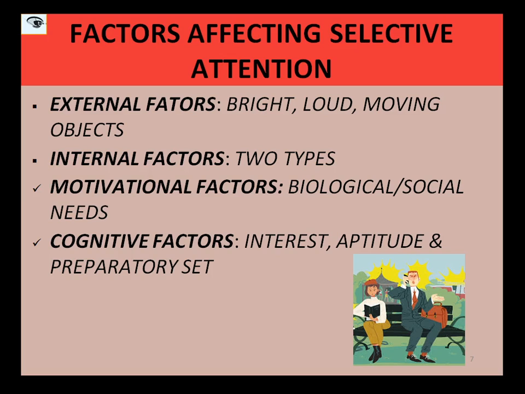Now, external factors, if we look at the keywords here, are bright, loud, moving objects. External factors are to do basically with the size, the intensity, and the motion of stimuli, which are very important determinants of attention, because we are talking about the external aspect of the stimuli that is quite visible to us, quite notable, observable.